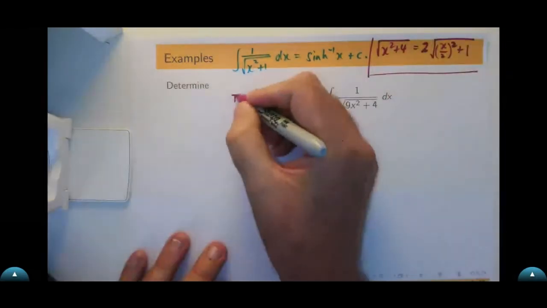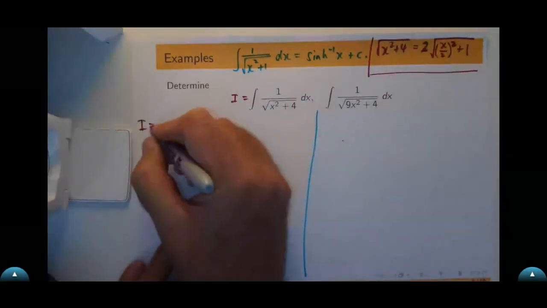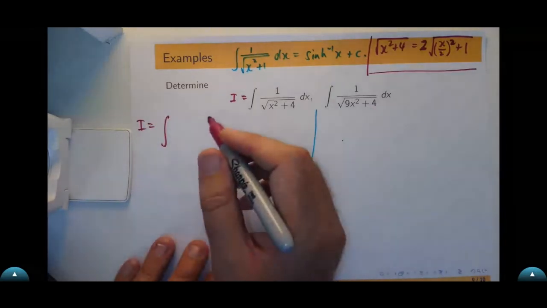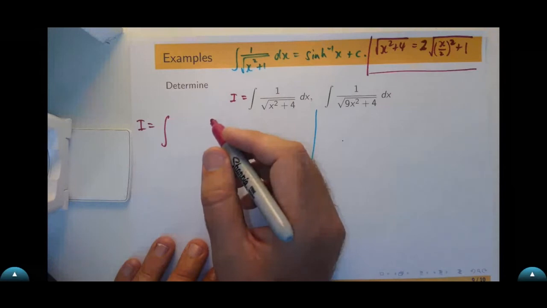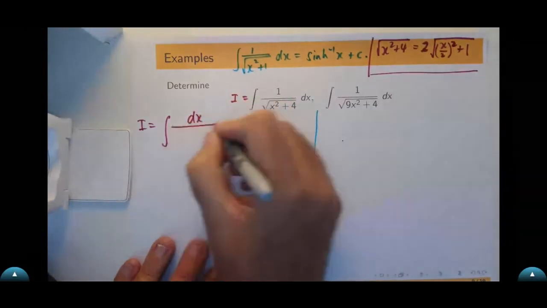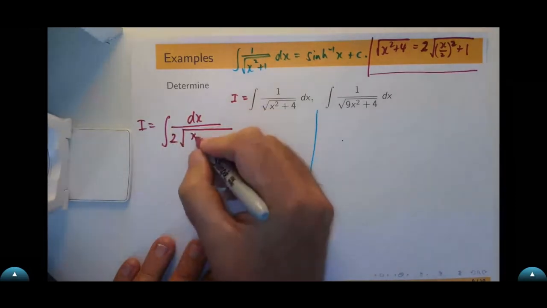So let's call this I. So I'm going to get something like this. Okay, it's a little bit squished.